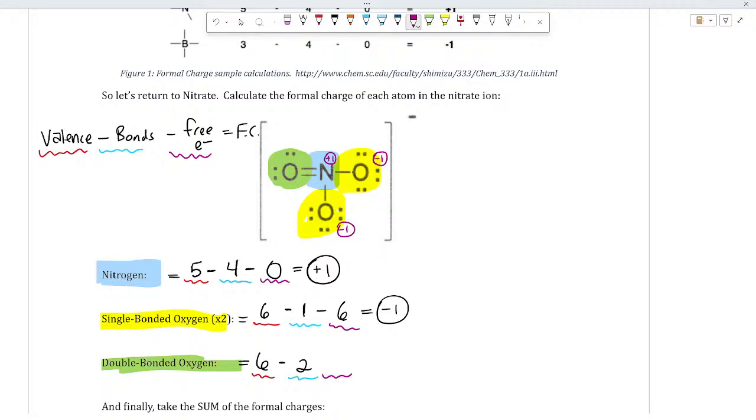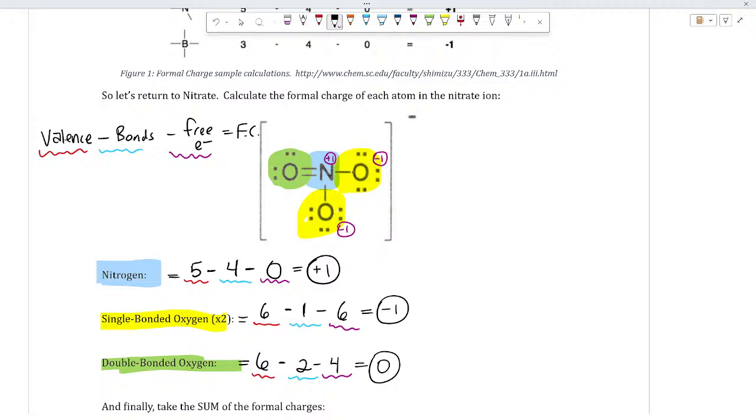They have a formal charge of negative 1, which means they are dealing with one more electron than would be expected. On the other hand, this oxygen is making 2 bonds. It has an expected valence of 6, and it has how many free electrons? 4. And 6 minus 2 minus 4 is 0. Okay.